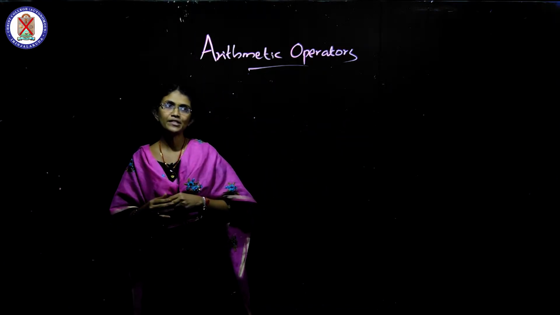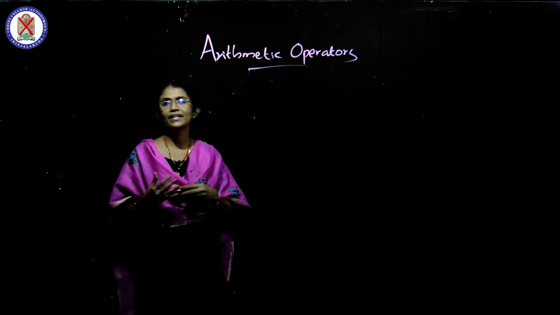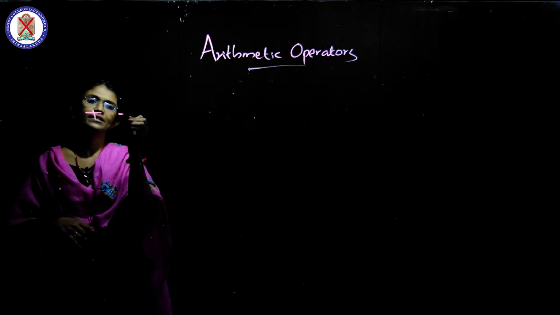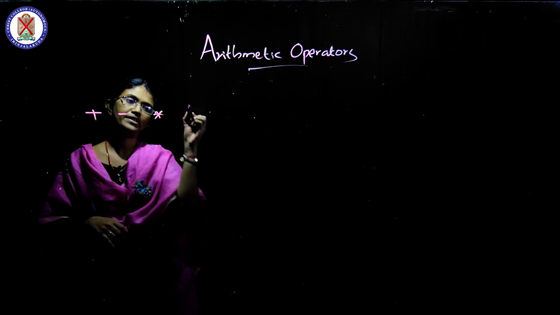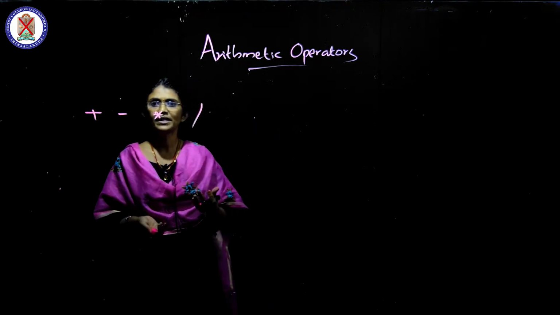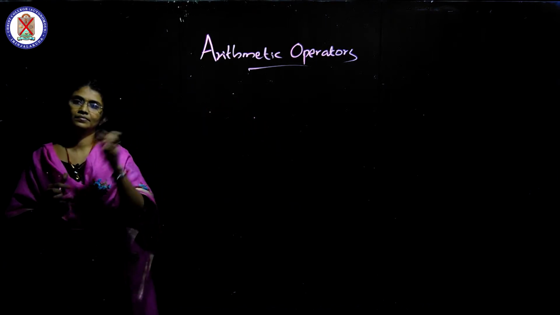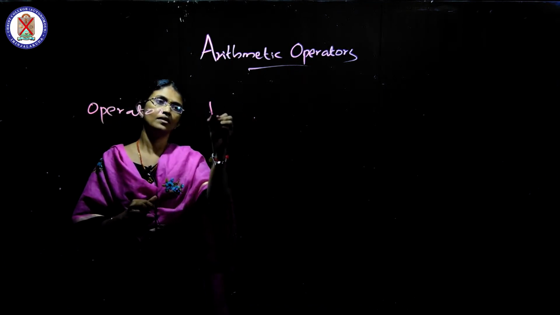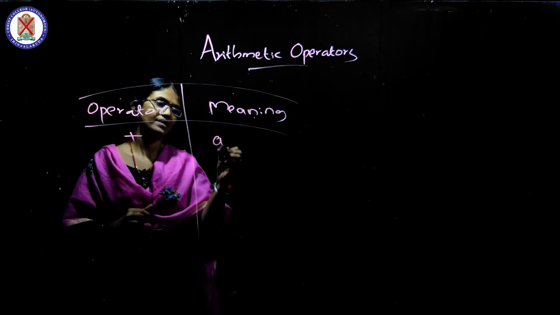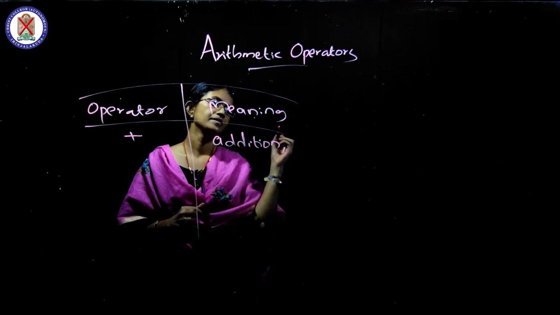Now we are going to explain the arithmetic operators. C supports all the basic arithmetic operators, which we are all familiar with: plus, minus, multiplication, division, etc. The plus operator is used for addition, and also for unary plus.